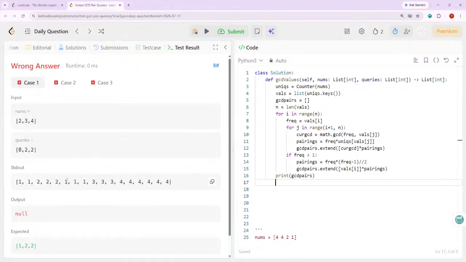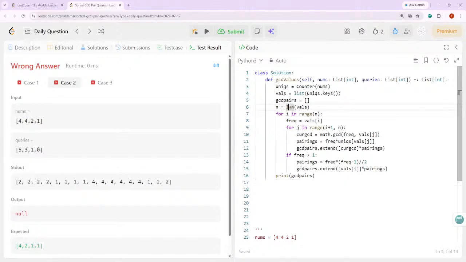Yeah, that seems a little long. Way too long. Oh boy. N is the number of values. I, oh no. J, current GCD, unique values at j.